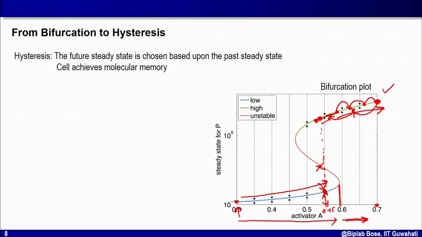So what will happen? When I am decreasing the values of the activator A from a higher value, it will follow the green line up to this, and then it will have no option, so it will follow this path, the lower blue line.